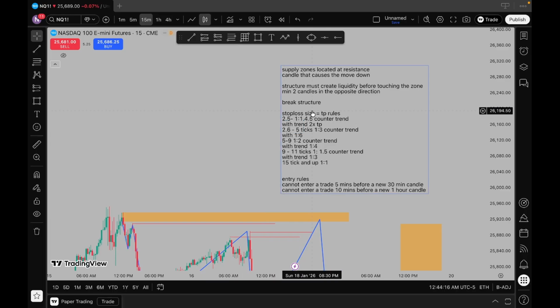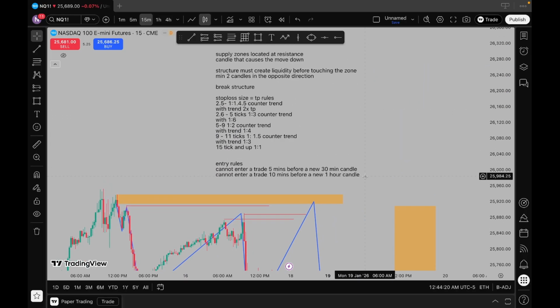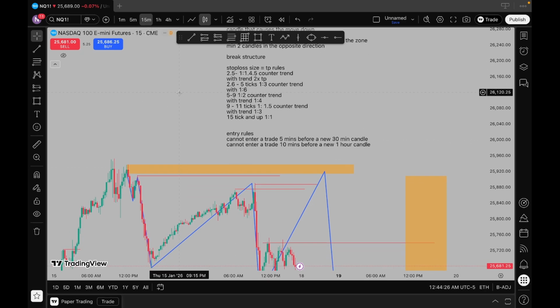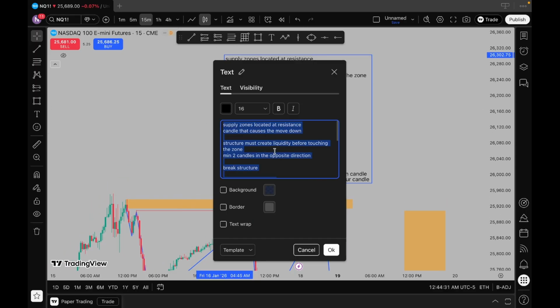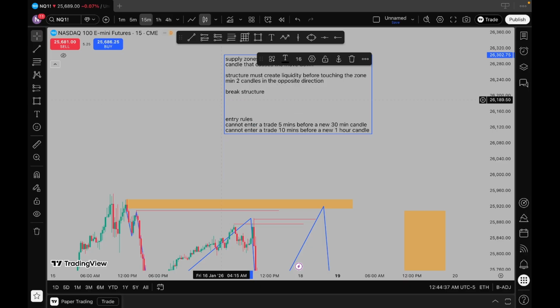Delete this. So these are all the rules. That's the 5-minute chart. Now, the 15-minute chart, none of these rules apply. Okay, not none of them. But none of the TP rules apply, and none of the entry rules apply either.